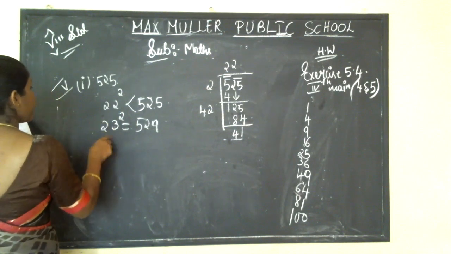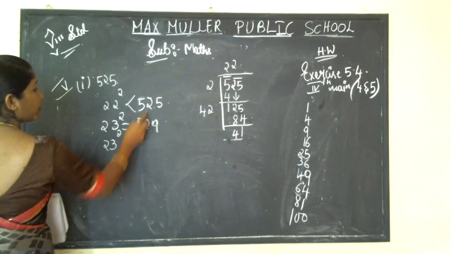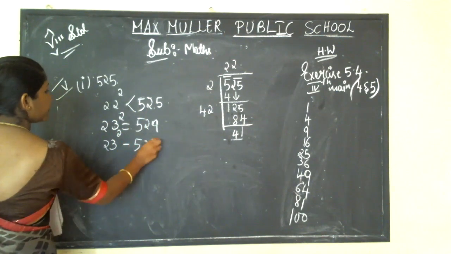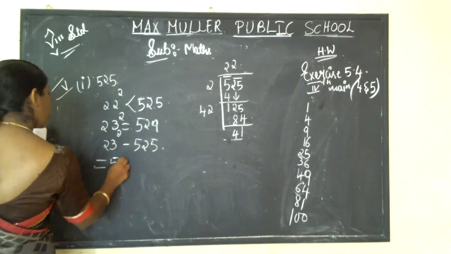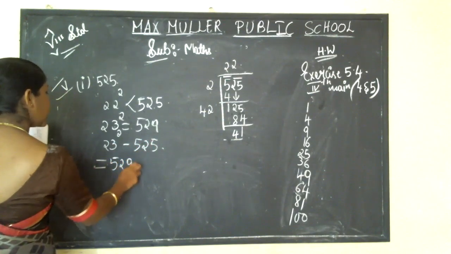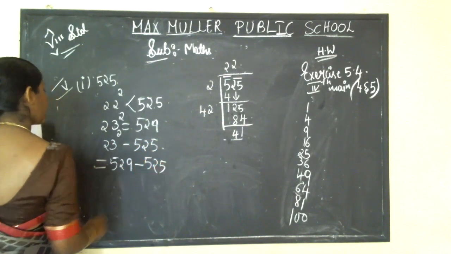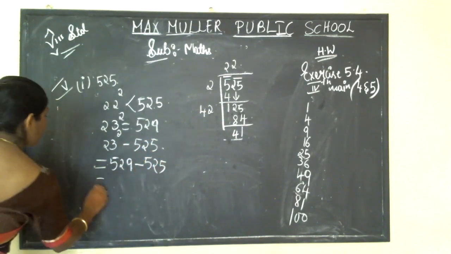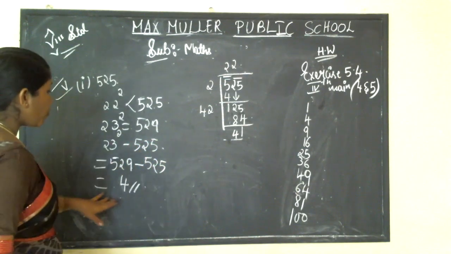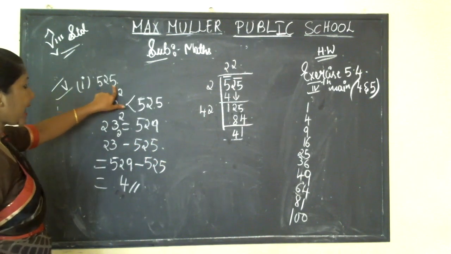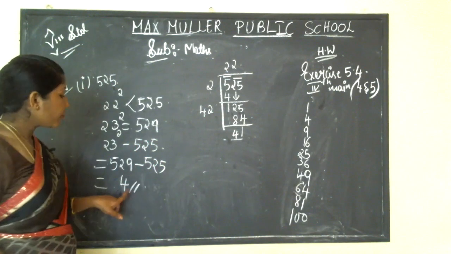Okay, so you can do it like this: 23 square minus 525. 23 square is 529, is it not? Minus 525. So the difference is 4. So what number should be added here to get a perfect square number? 4.